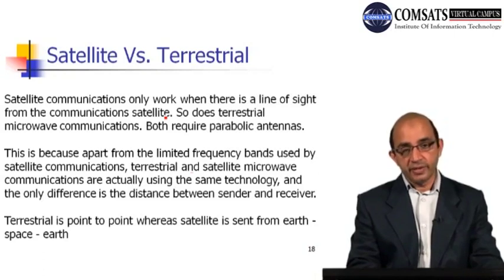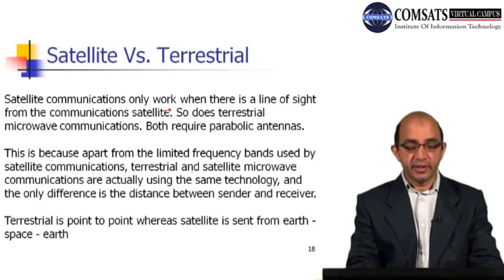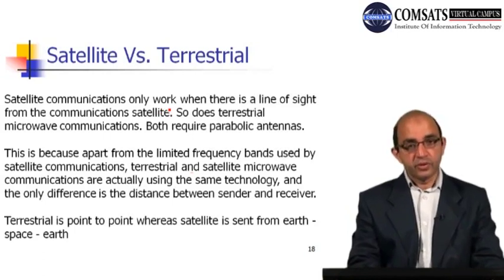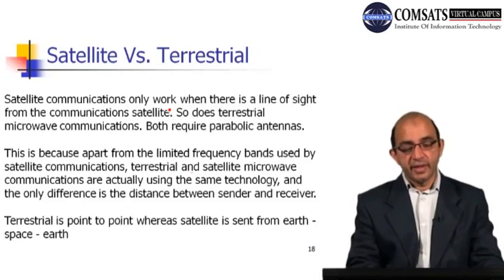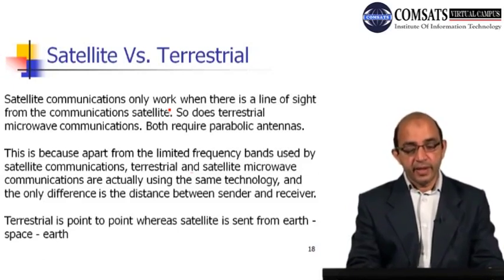And as far as antennas are concerned, we need parabolic antennas for both satellite and terrestrial communication. So overall, satellite and terrestrial are using almost the same technology. The only difference is the distance between the sender and the receiver, right?